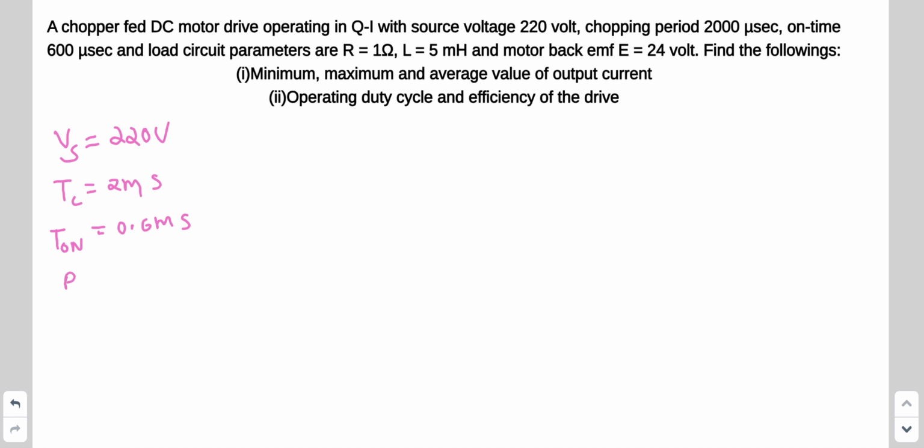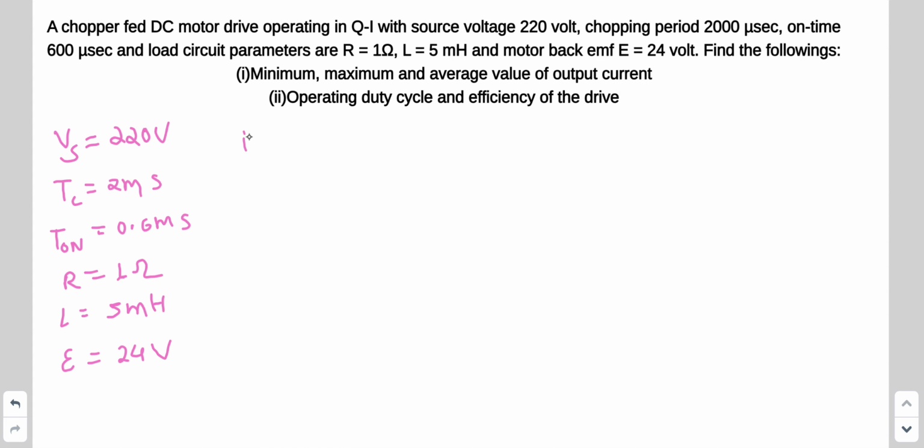The load R is 1 ohm and inductance L is equal to 5 millihenry, and the induced back EMF is 24 volt.